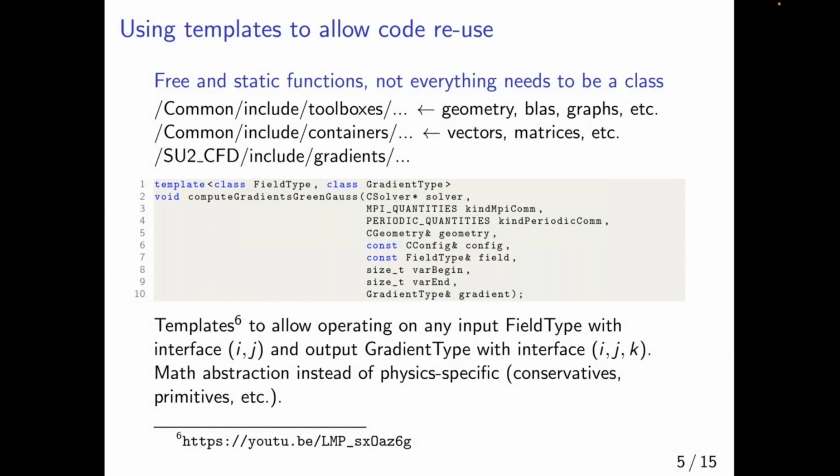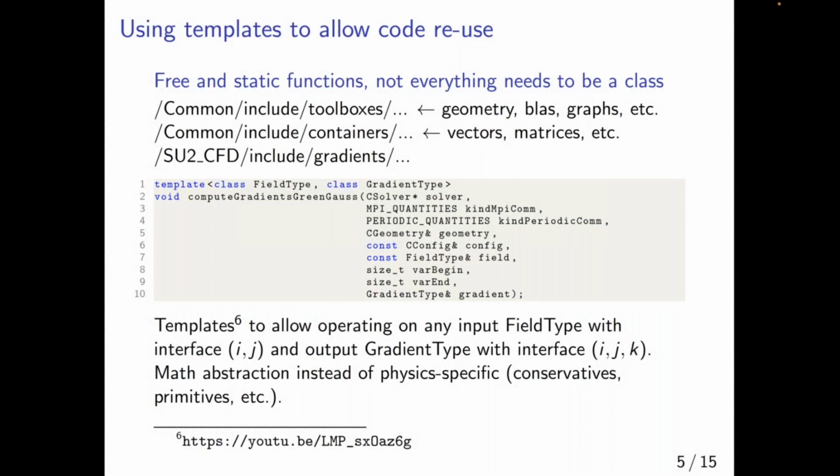So a while back in SU2, we used to have compute solution gradients to compute the gradients of the solution variables, and we used to have compute primitive gradients. So that, in a sense, is not the ideal abstraction.